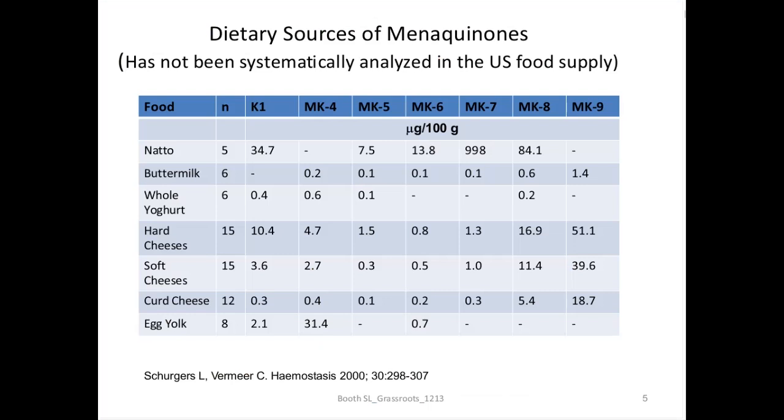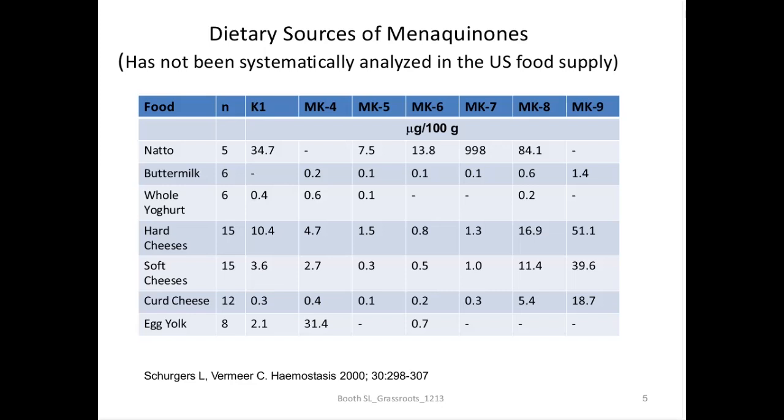And there's this food called natto, which is a traditional Japanese food that's a fermented soybean, and they are very, very rich. That's 998 micrograms per 100 grams of menaquinone 7, and a lot of the current vitamin K2 supplements are actually menaquinone 7, and this is the richest source of menaquinone 7.